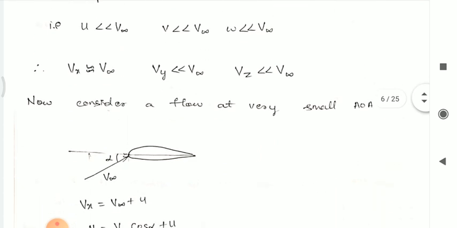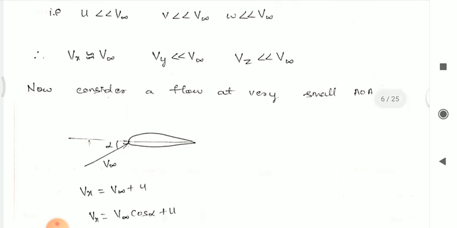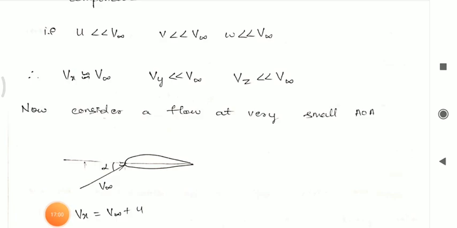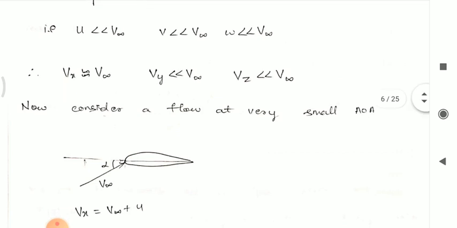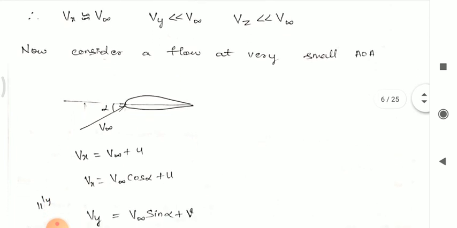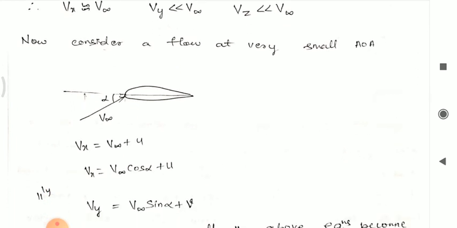Now considering a flow at a very small angle of attack alpha. Now V infinity is not in the x direction, it is making an angle alpha with the x direction, right? Then velocity in the x direction, Vx, we know is V infinity plus u.